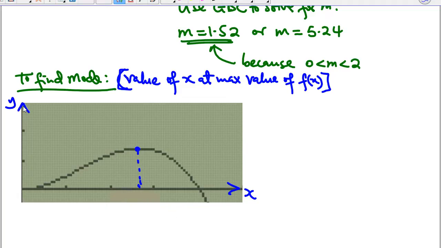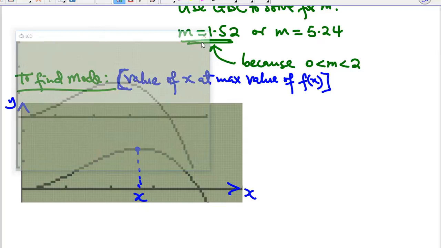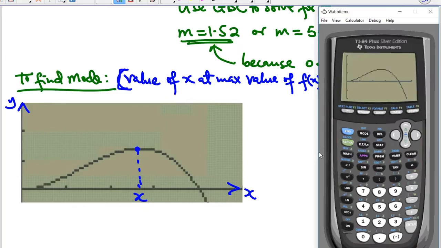Really, the x value here is what you want to find. So the x value at that point will give us the mode. So we have to go back to our calculator and try to find that.